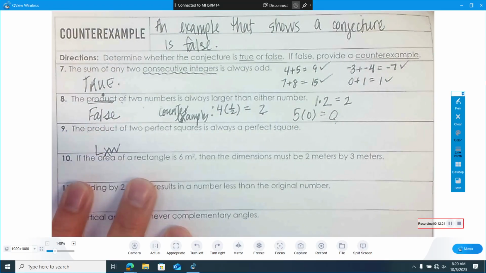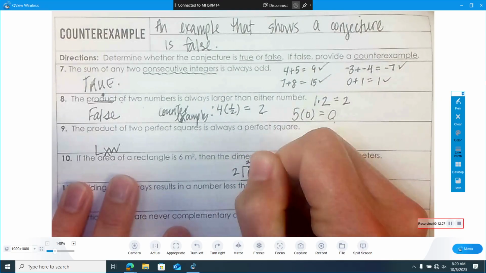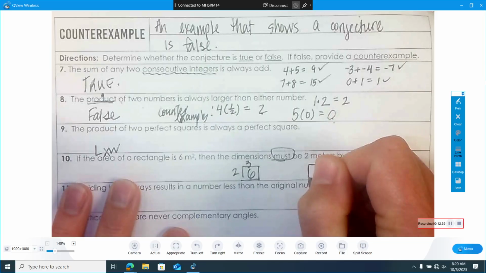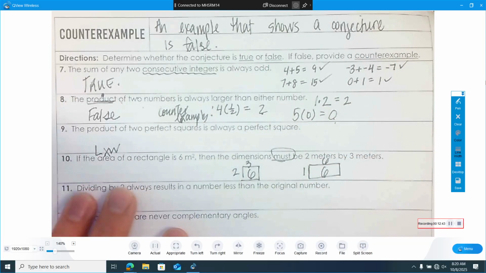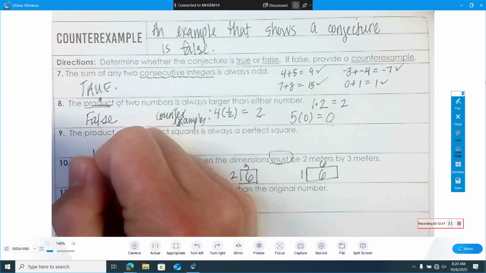So the area of a rectangle is length times width. So 2 meters by 3 meters does give me an area of 6. That's true, but must it be 2 by 3? What else could it be? It could be 1 by 6, sure. 1 by 6 is also going to give us an area of 6 meters. So that is definitely false.